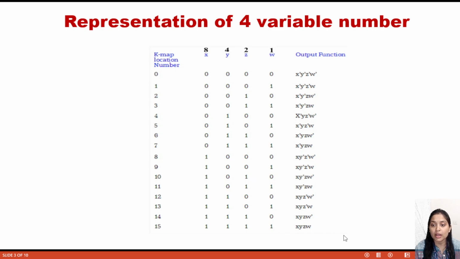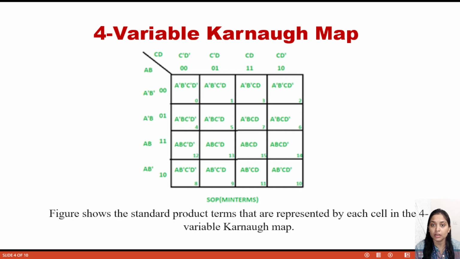Now I am going to the next part, that is the 4 variable Karnaugh map. First of all, you have to know how to write all 4 variable components. Now you have to find out how many cells there will be in a 4 variable Karnaugh map. 2 to the power 4 means 16, so from 0 to 15, that means a total of 16 cells.